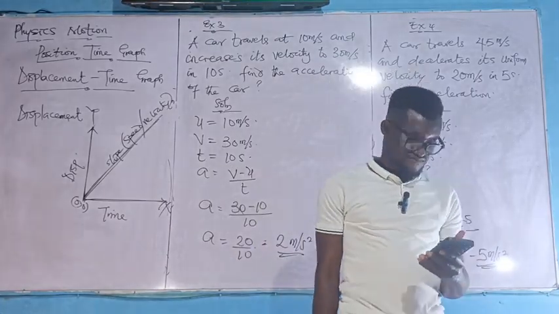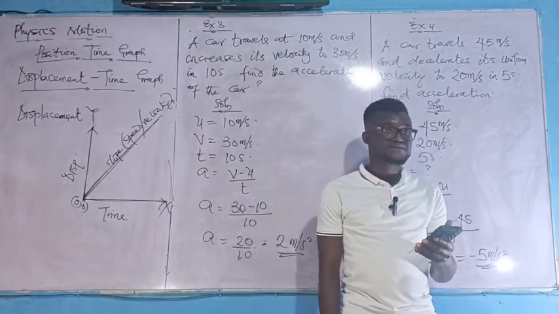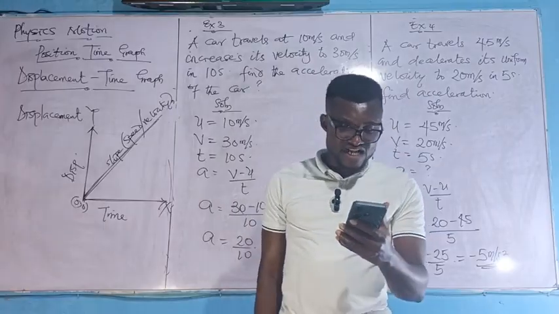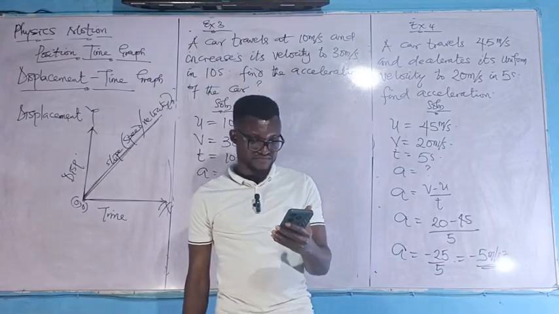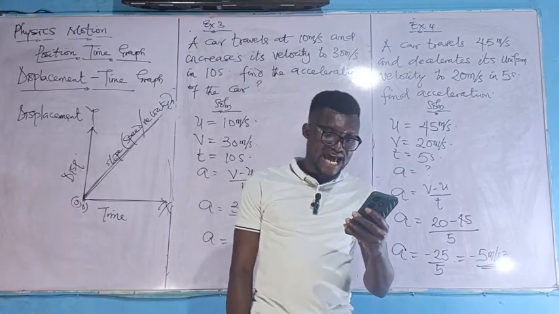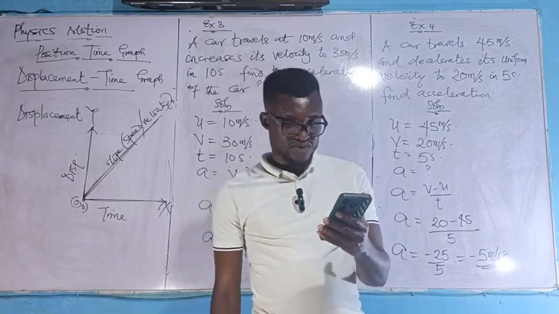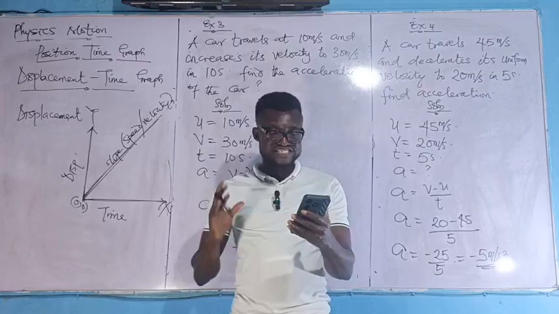Number 3. The horizontal lines show that the object is stationary.